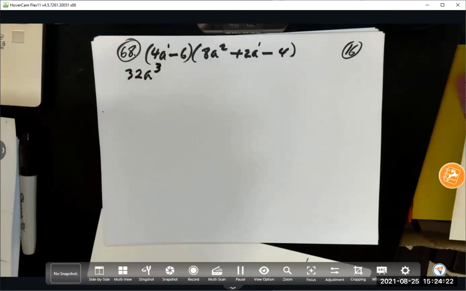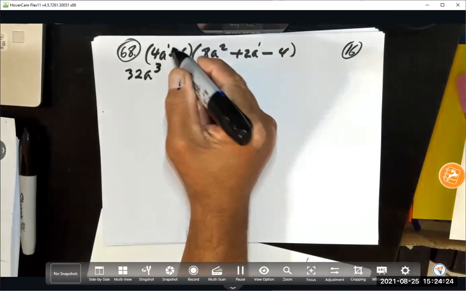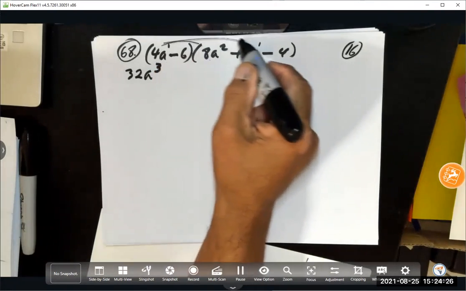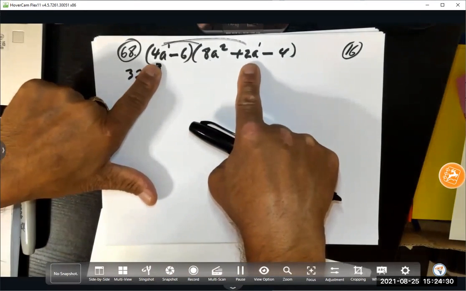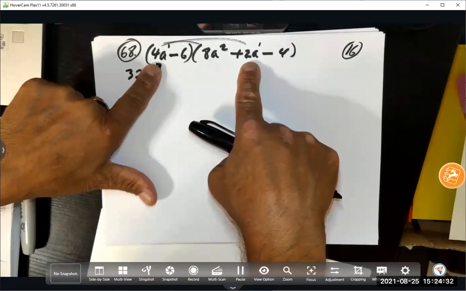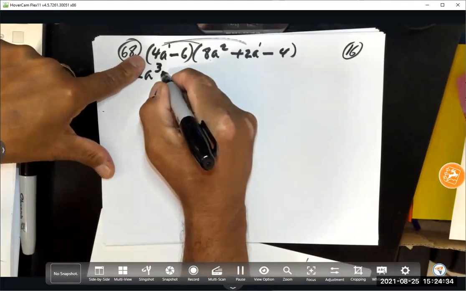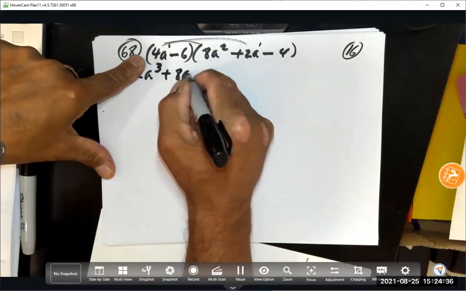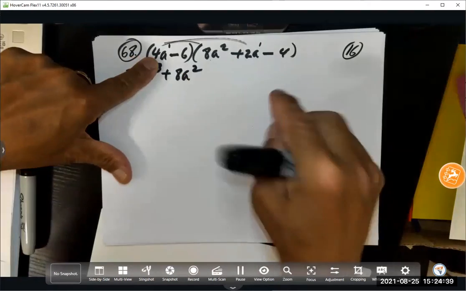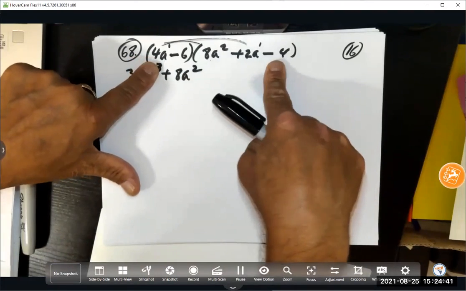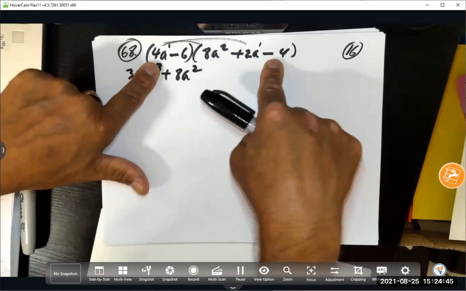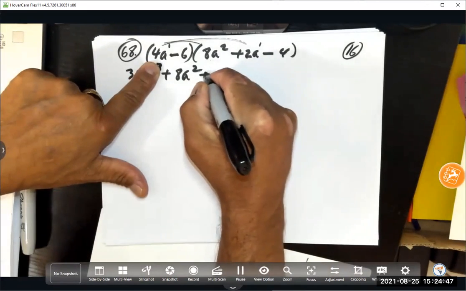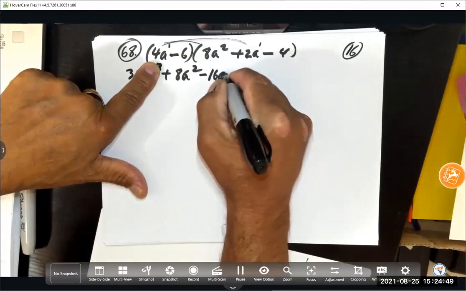Yes. All right. So now the next one. 4a times the middle one. These two right here. 8a squared. Yes, 8a squared. And 4a times negative 4. What about that? Negative 16a.